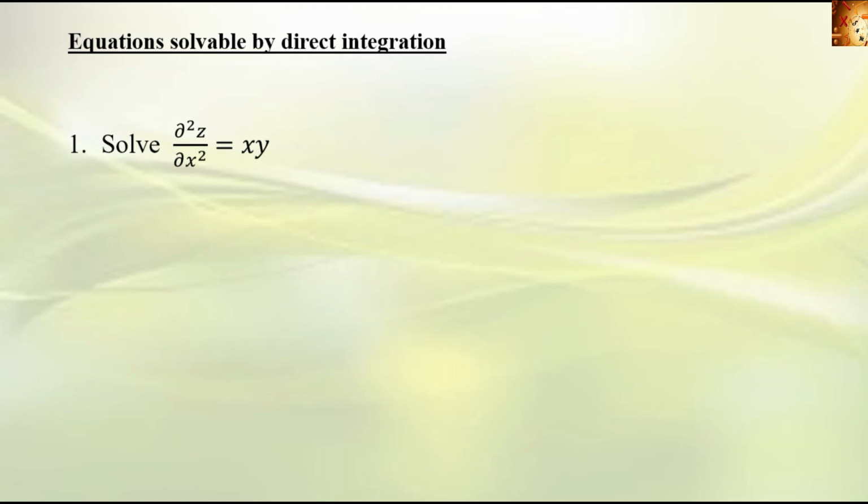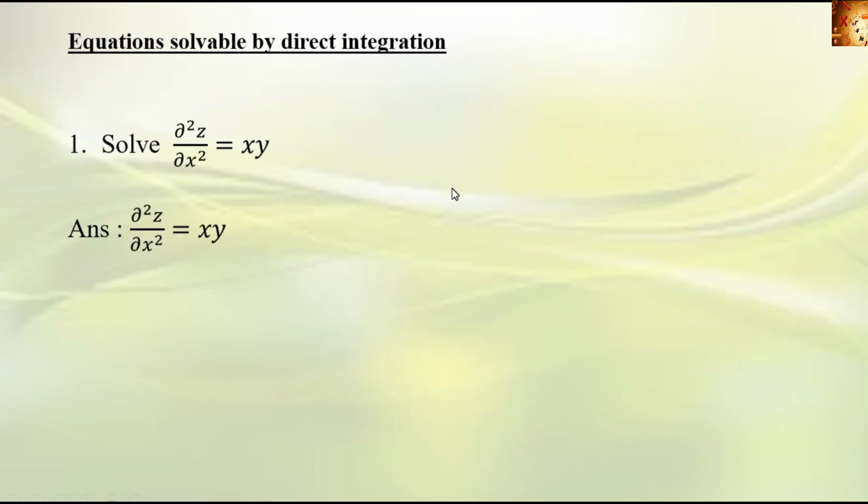Then for getting the solution z, we want to integrate this equation twice. Here z is the dependent variable and the partial derivative is with respect to x only. So we are integrating this expression with respect to x only.